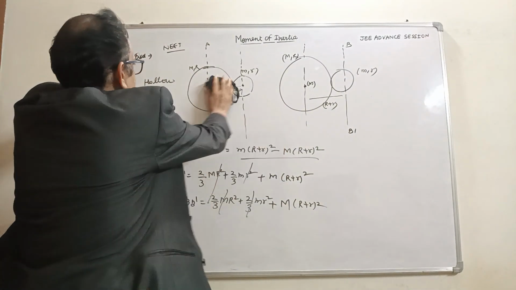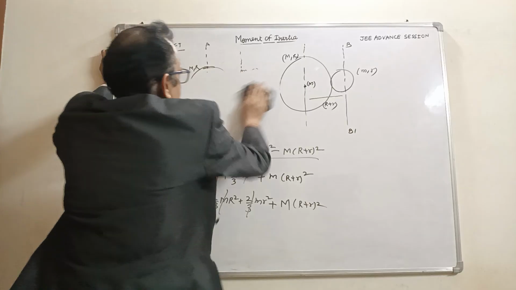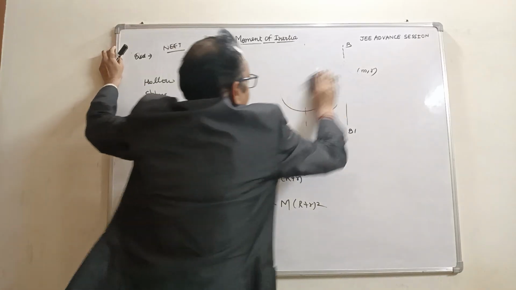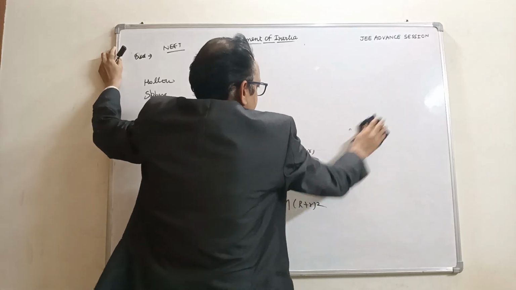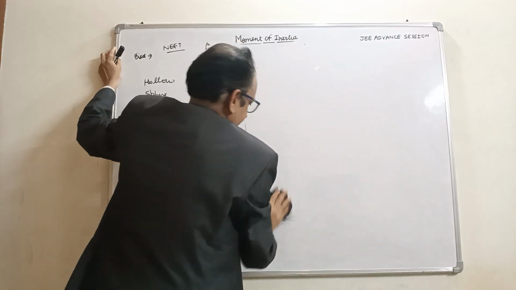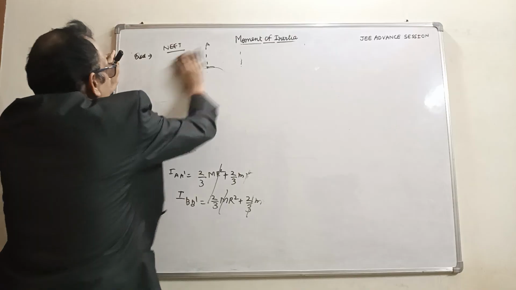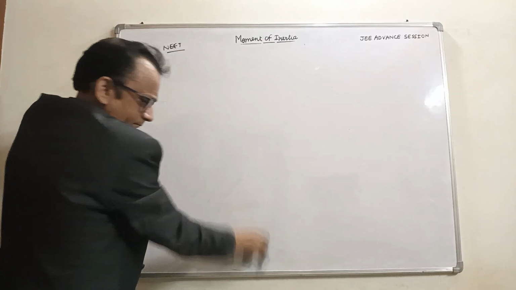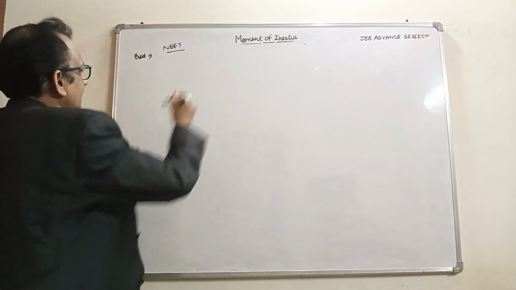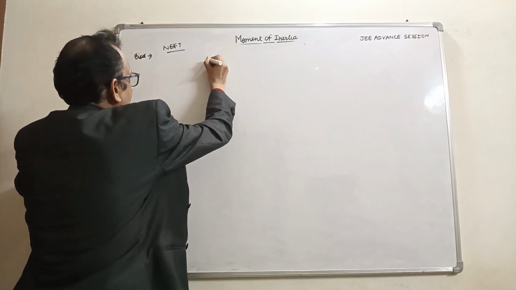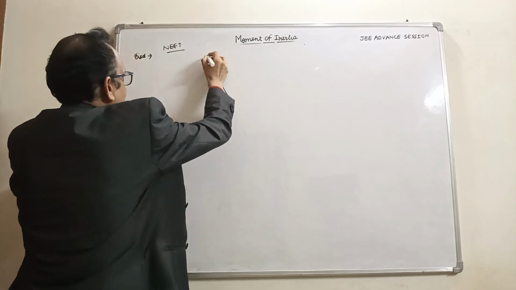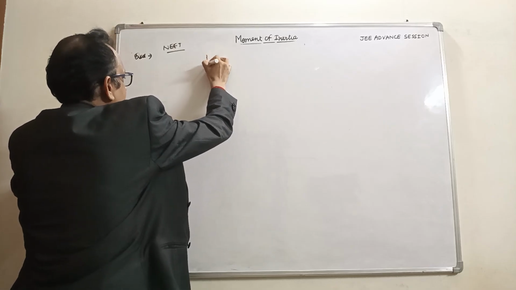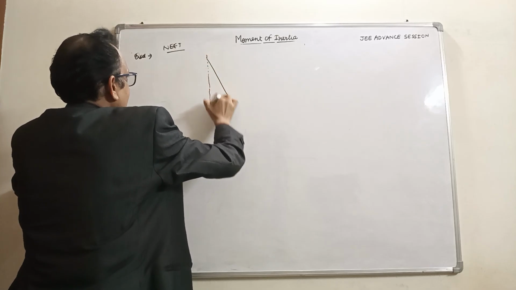After this, we have to discuss a scenario here. A rod, this is a rod, and this is a vertical axis.